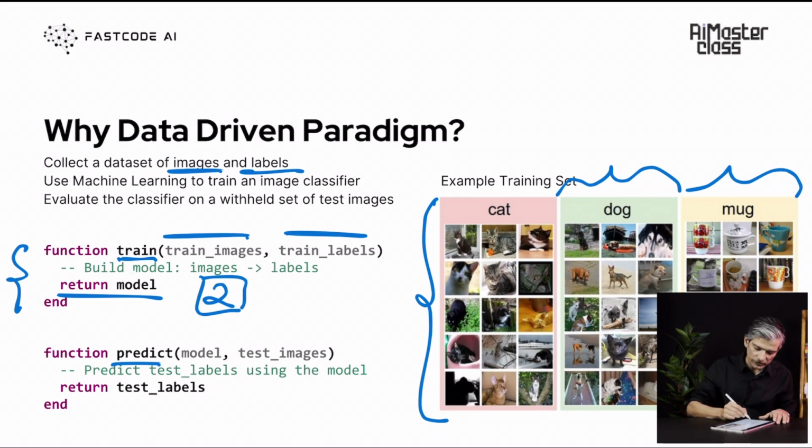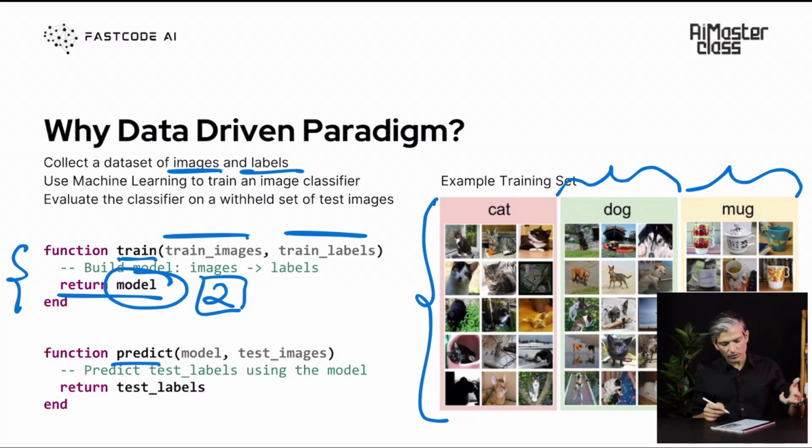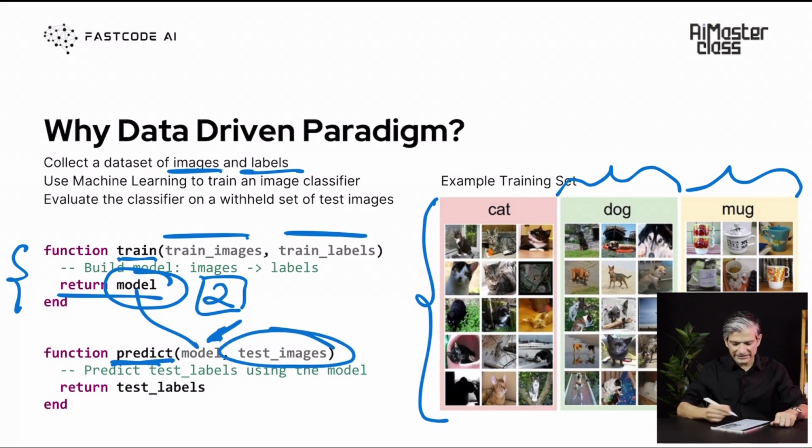But what we should remember is that we have a train function, and the train function gives us the trained model. And then of course, once we have the trained model, we want to use it in the predict function. And what does the predict function do? It takes in your trained model from here. It also has these test images that we give as input, the images that we are interested in real life.